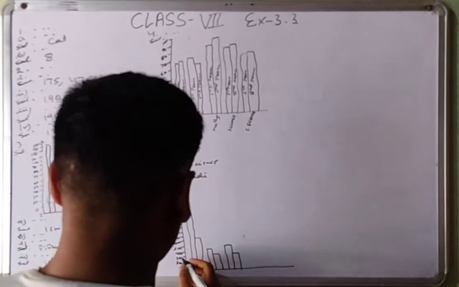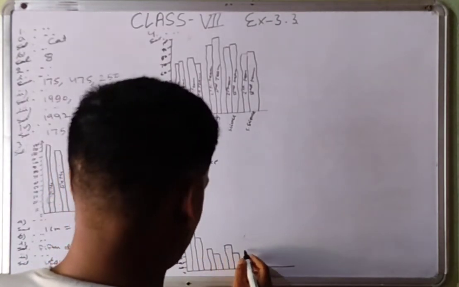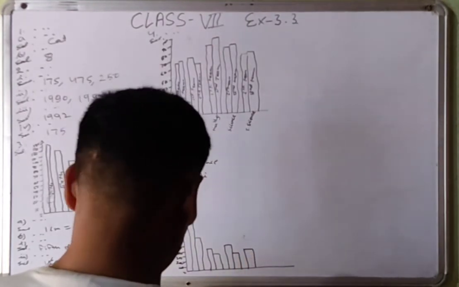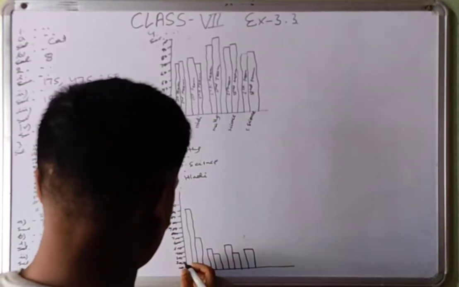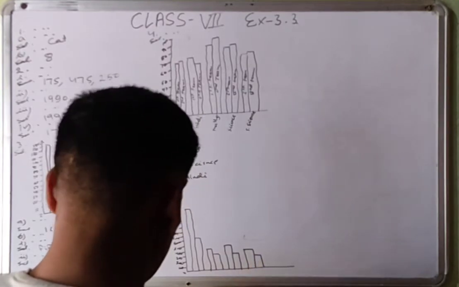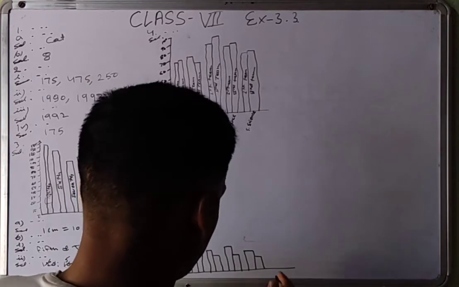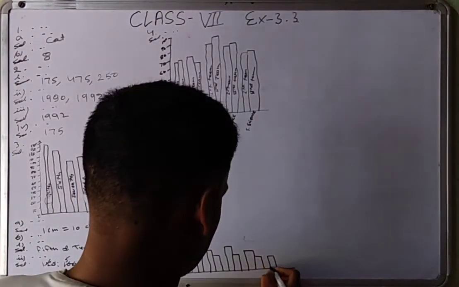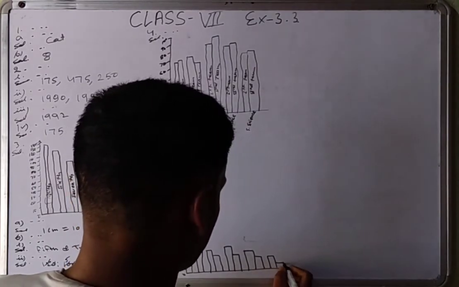430, just here, this is approximate, and 250, that will be up to here, and then 250 again for the next, and then 105, up to 100 approximately.